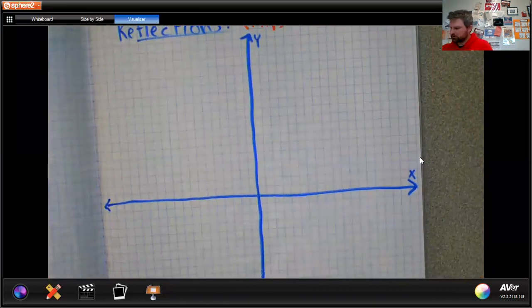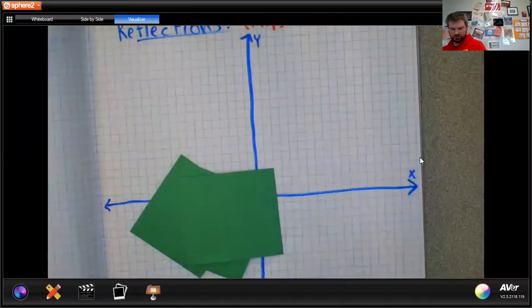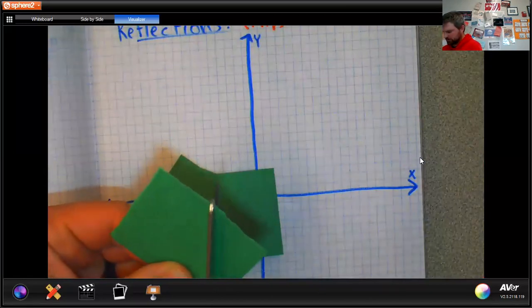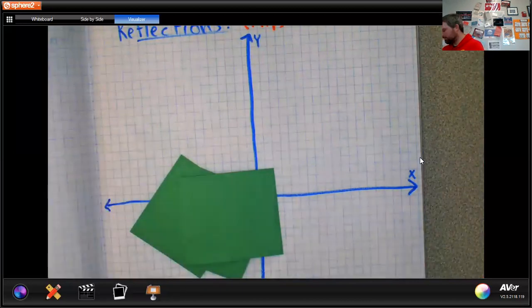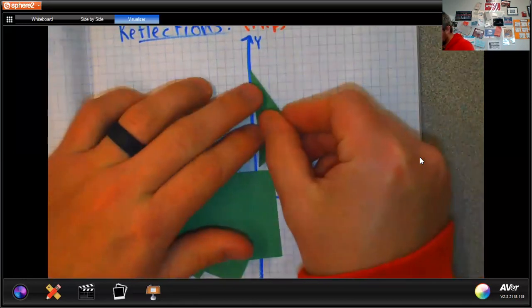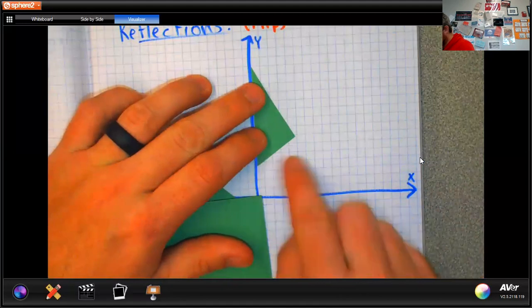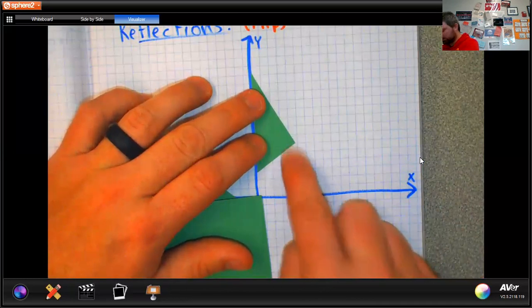So what I'm going to do is cut out different shapes. The first one I'm going to take, and I'm just going to cut a triangle. I'm going to put this triangle right here, and I want the point here to be really close to one of those intersections.